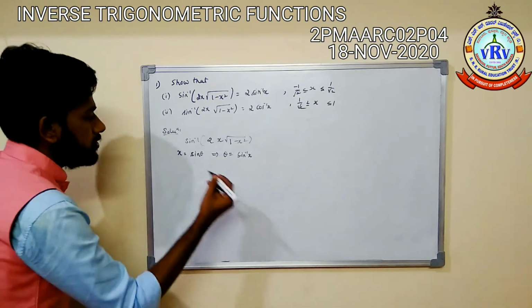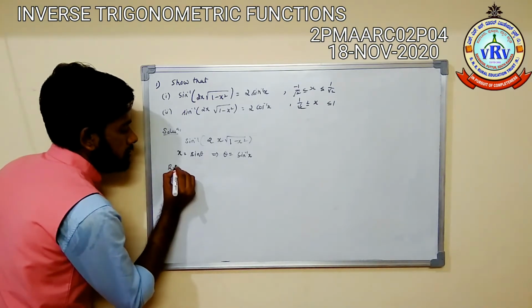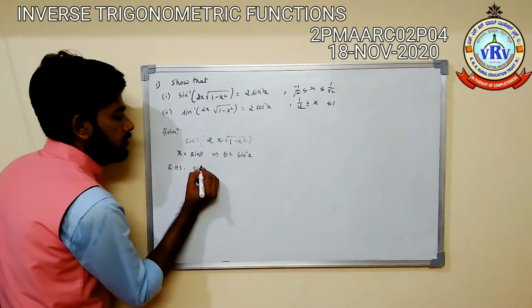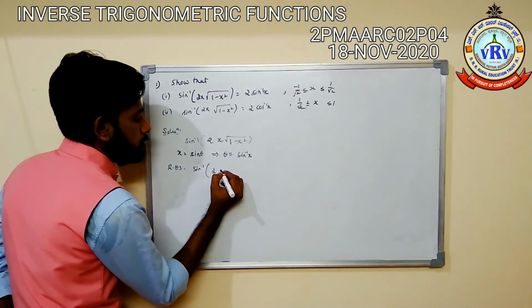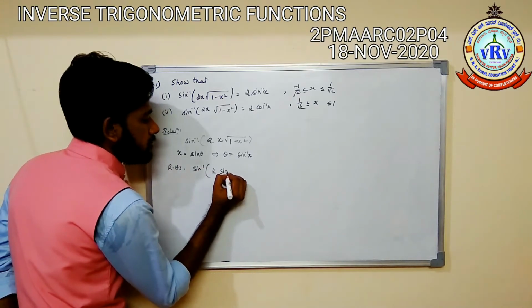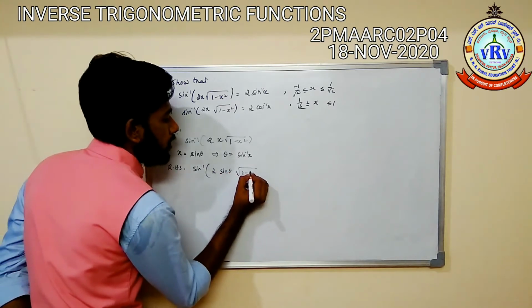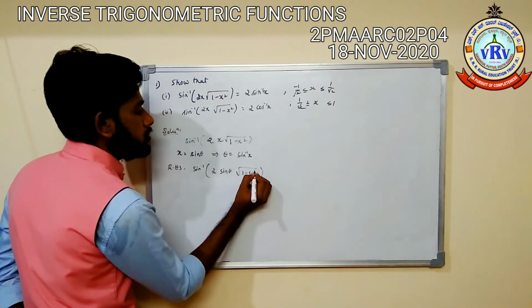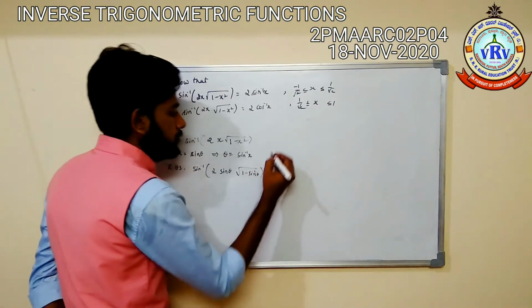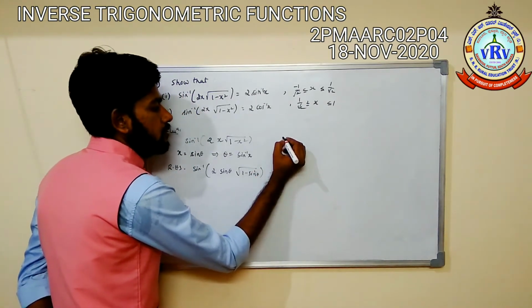Let me prove this. So RHS: sine inverse of 2 into, putting x as sine theta, square root of 1 minus sine square theta. Why is square root of 1 minus sine square theta equal to cos theta?